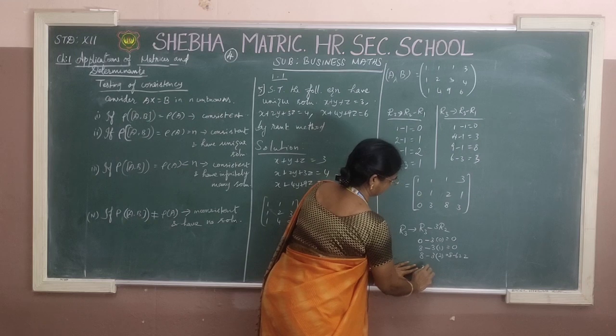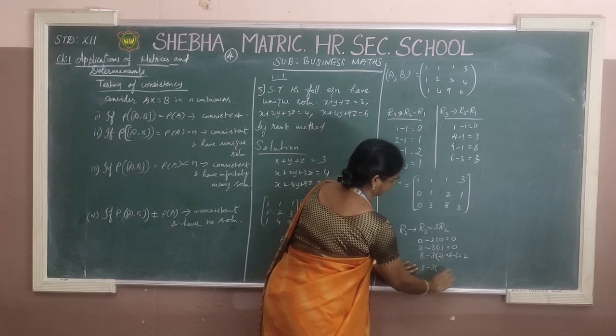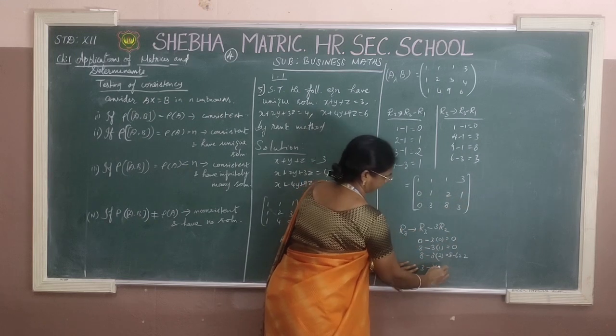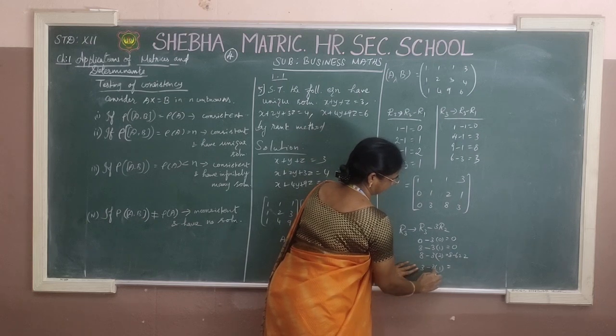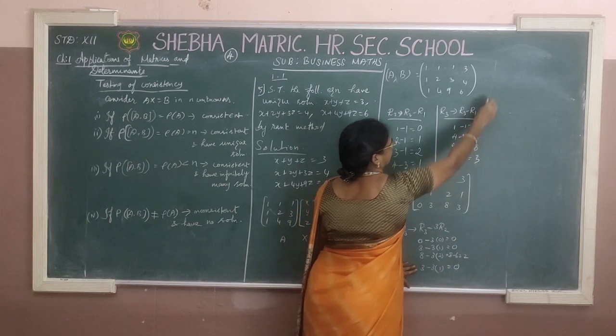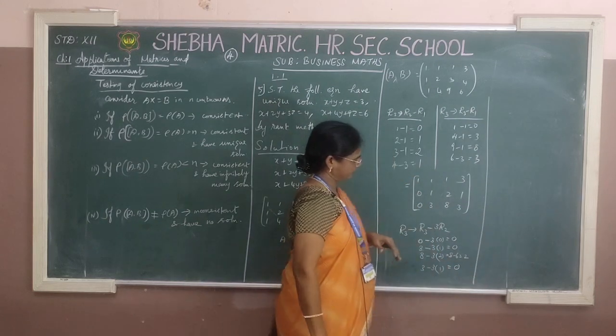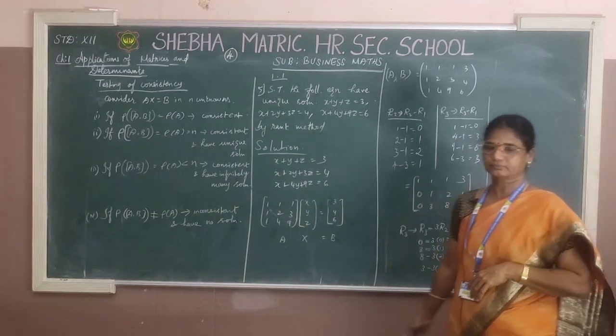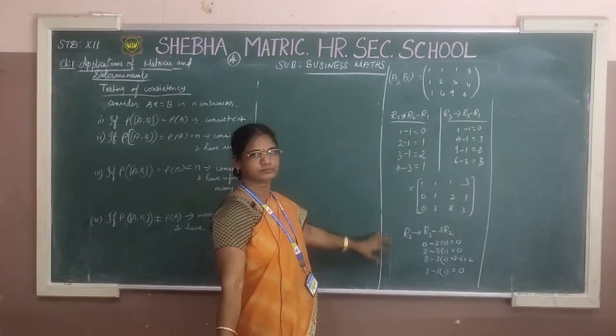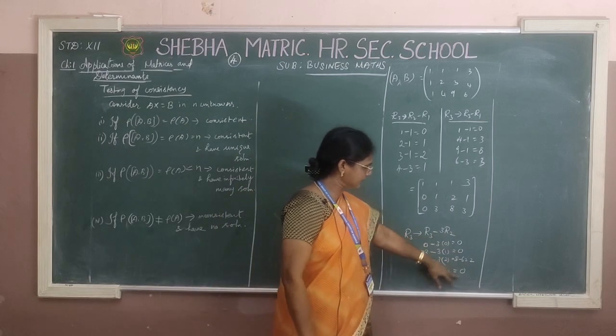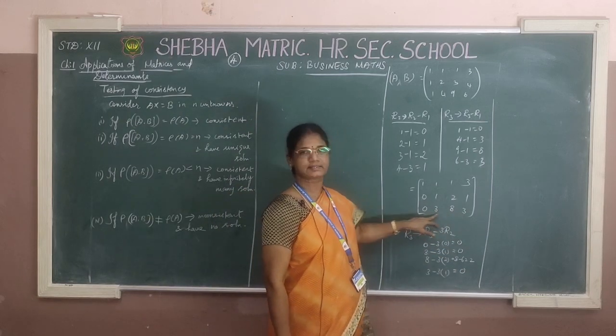And then the last one, 3 minus 3 into 1, so 3 minus 3 is 0. Okay, understood this? Next, using these elements, we have to rewrite this third row.